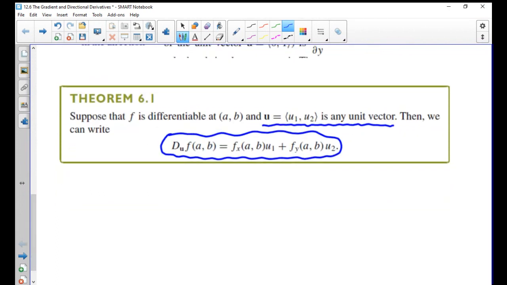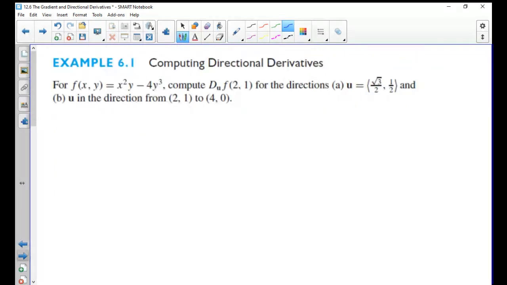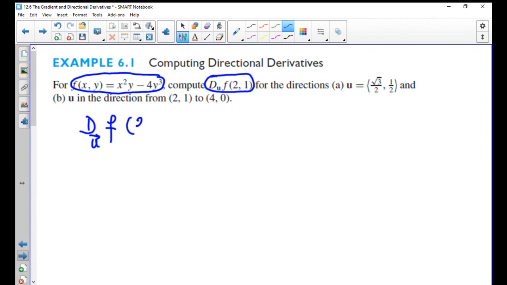So let me have a look at this example. We have a function f, it's given. And I want to find the directional derivative of f. So I want to find the derivative of f in the direction of the vector u at the point (2, 1).